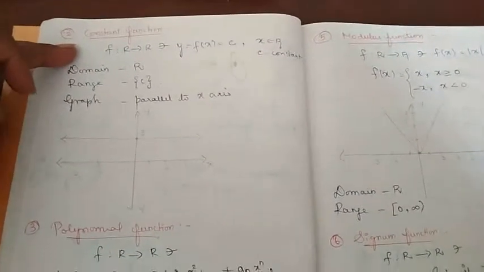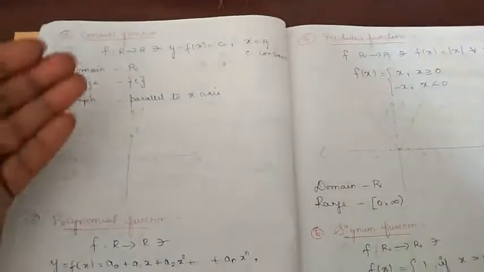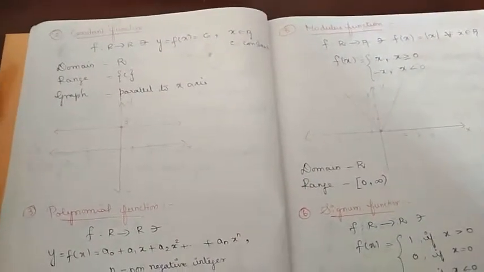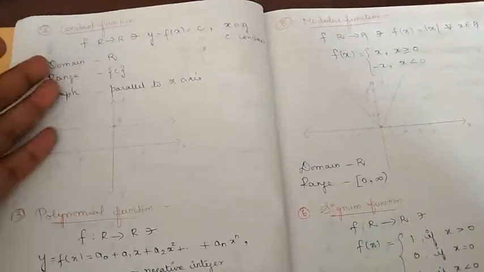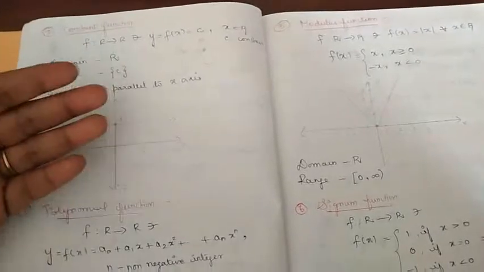Then we have seen constant function. Constant function means all the elements in the domain will map to a single element in the range. These are not important from the point of view of problems or exercises. These questions may be asked in your 1 mark. What will be the graph of a constant function, or identify the constant function from the below given options.